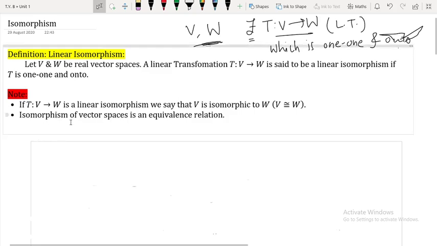And the second note is that isomorphism of vector spaces is an equivalence relation.